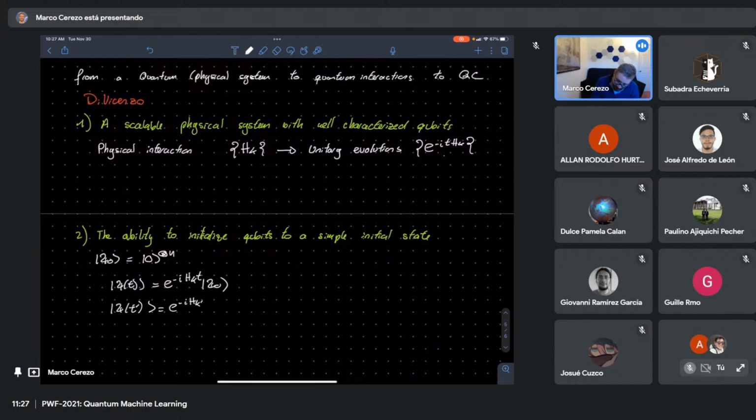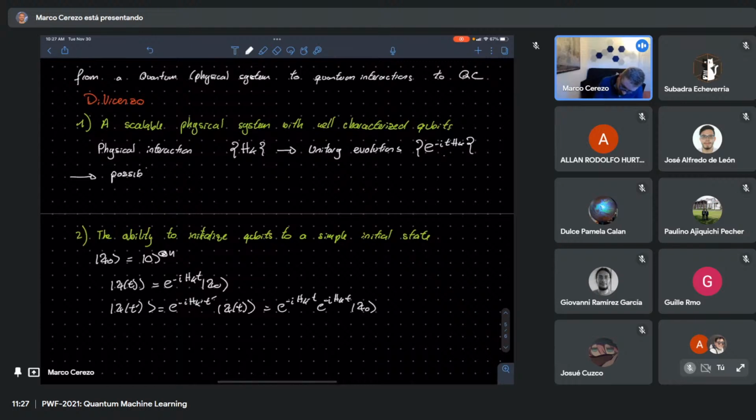So it's not the same interaction for a time t prime over this state. And of course, we can think about this as a concatenation of turning on and off fields for a given amount of time, right? So the physical interactions are going to be leading to unitary evolutions, which in turn are going to be leading to possible states.